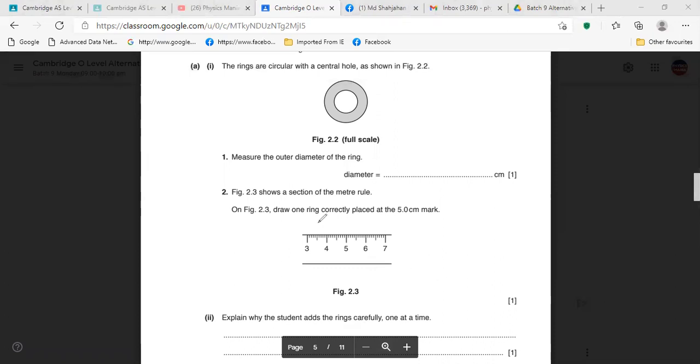No, no. Just draw it here where it is the 5 centimeter mark. The center of that circle should be at 5 centimeter. Yeah, the center of the ring will be at the 5 centimeter mark. That way you have to draw it. You don't need to be accurate. Yeah, like this shape.